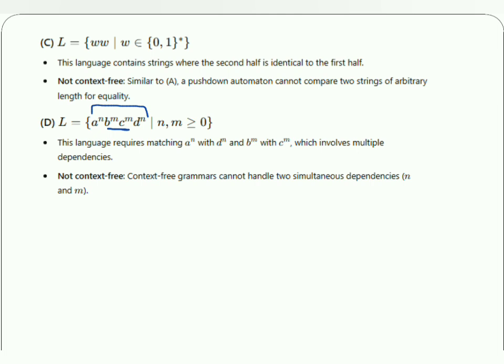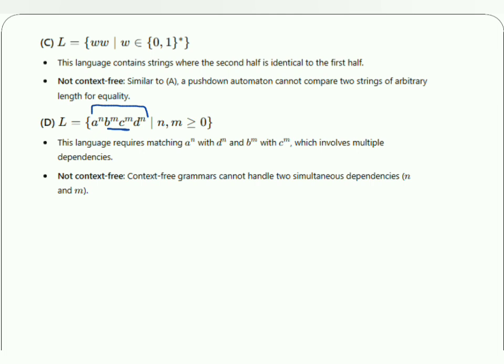It is not a context free language because a push-down automata cannot handle two simultaneous dependencies, that is n and m. It doesn't support such an amount of memory. So it requires a lot of memory to compare two strings.